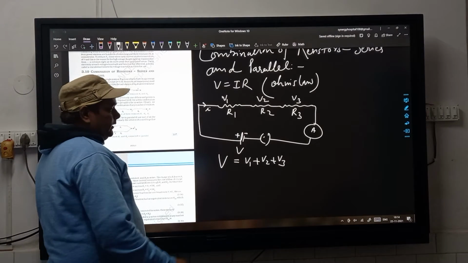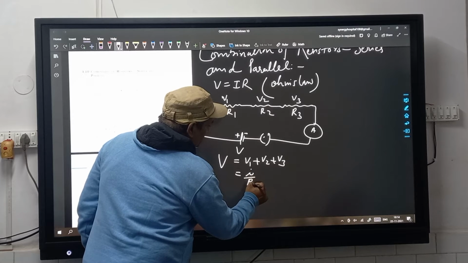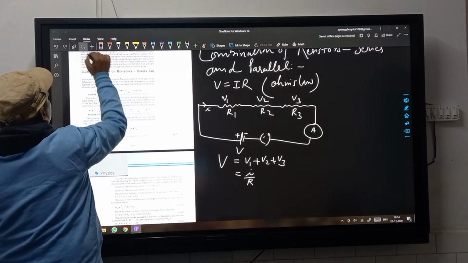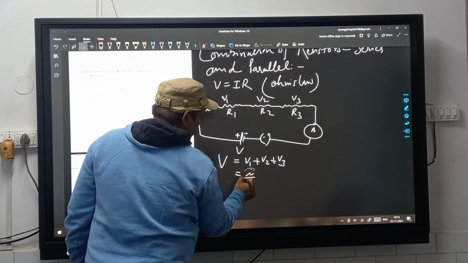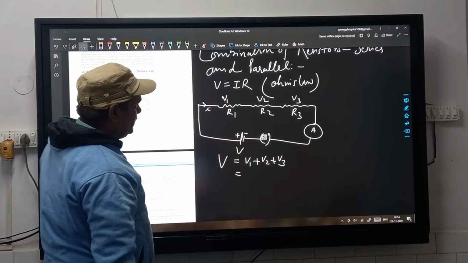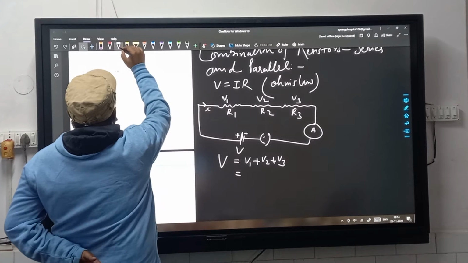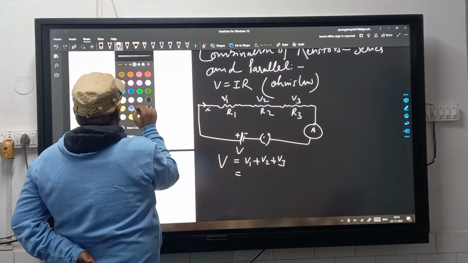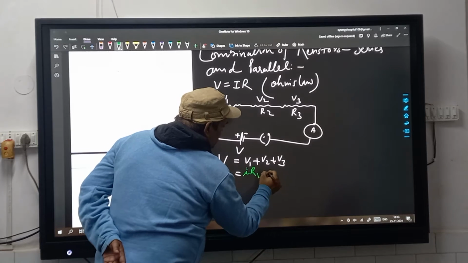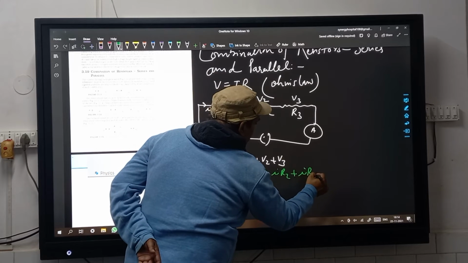In case of V1, we can write V1 is equal to I R1. So V is equal to I R1 plus I R2 plus I R3.